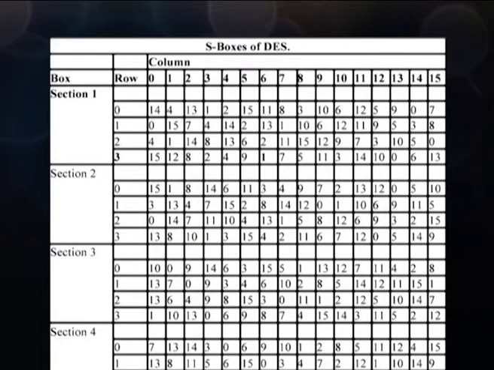For example, block B1 is 101101, then R is equal to 3 and C is equal to 6.